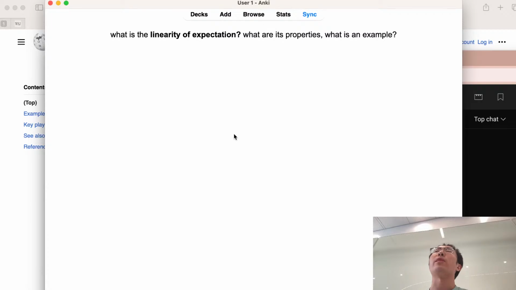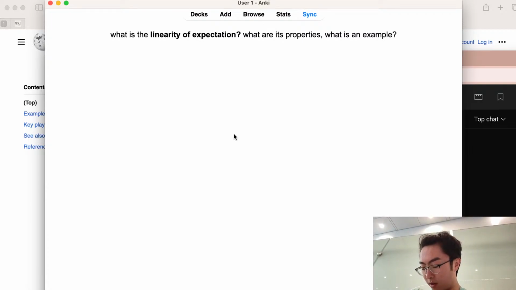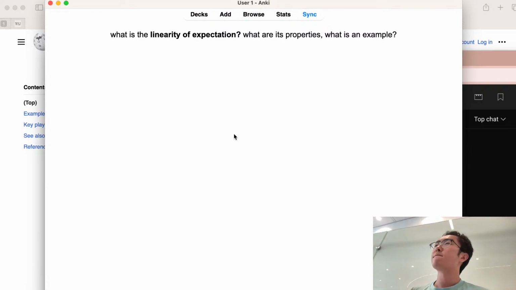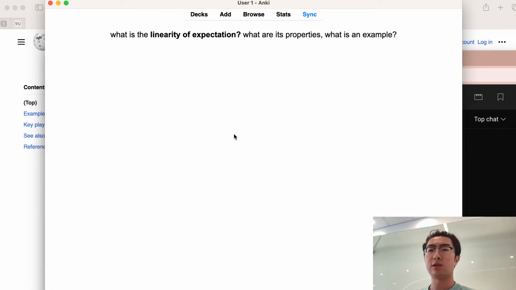A good example is if you were to take the expectation of c times x plus b times y, it's just going to be equal to the expectation of cx plus the expectation of by.